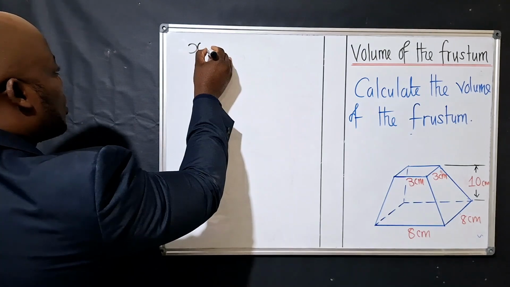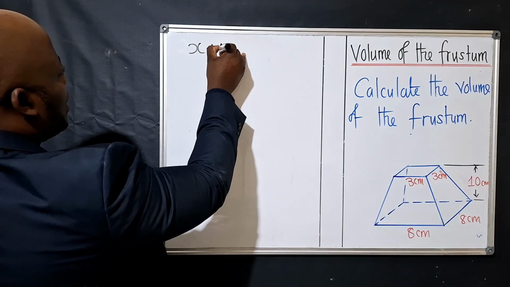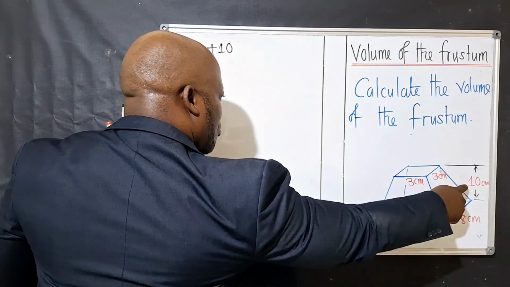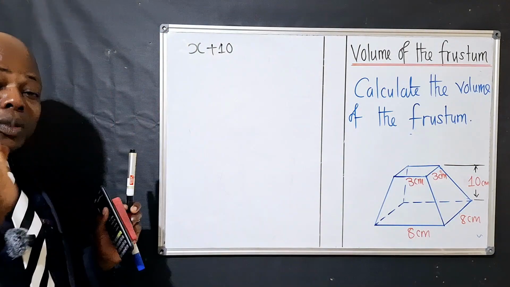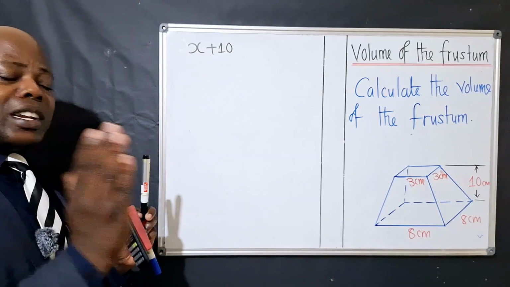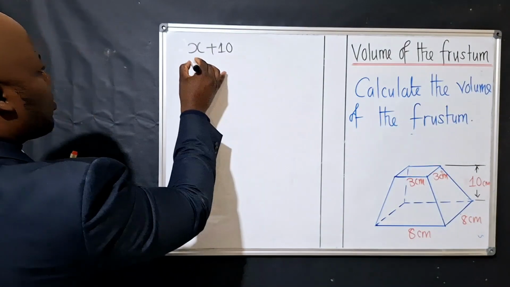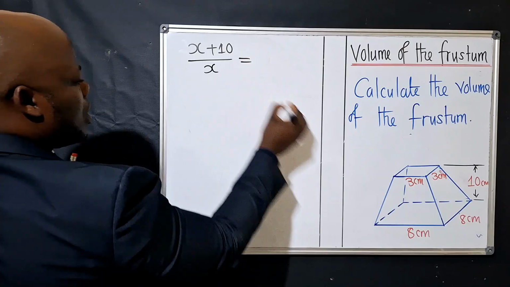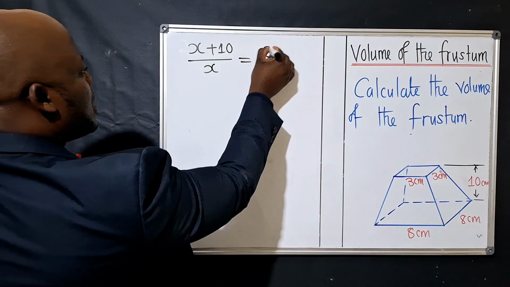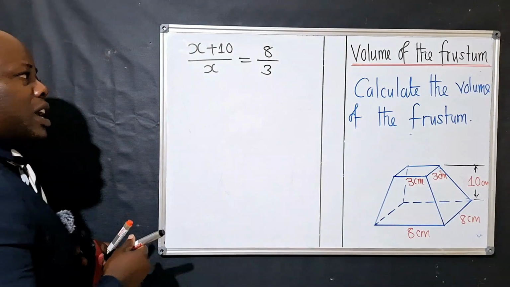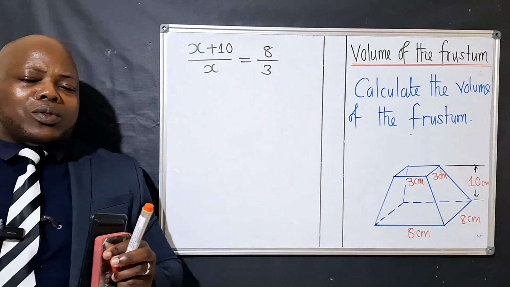In this case, I'm using X plus the height we've been given. So this is the height plus X. I don't know the height which has been cut. So I'll call that height X. So X plus the height I'm having right here, over X, is equal to the base here, which is 8, over the length here, which is 3. So this is what we do.